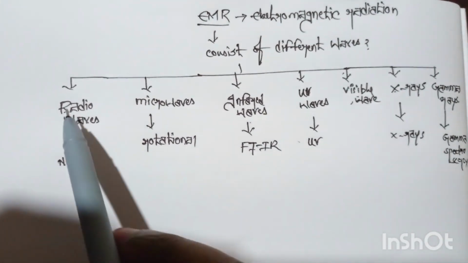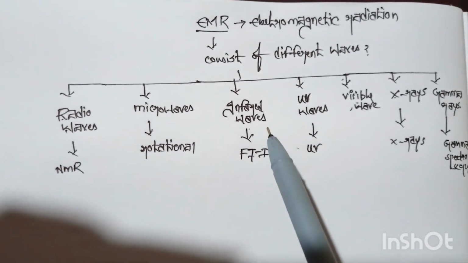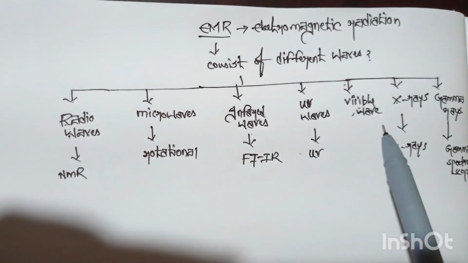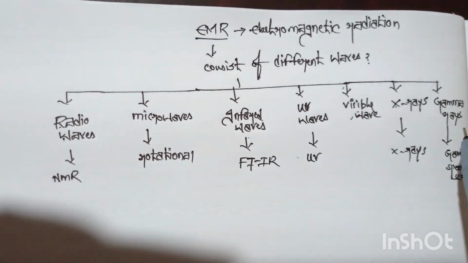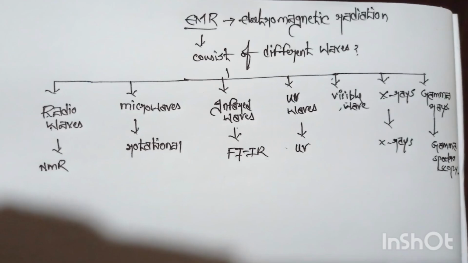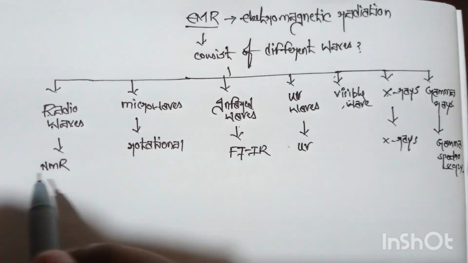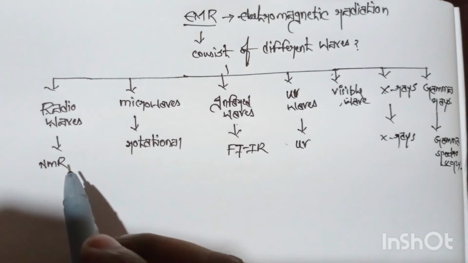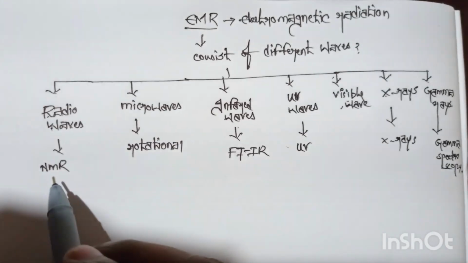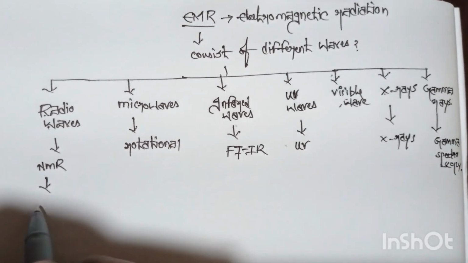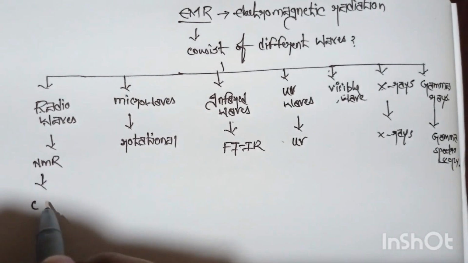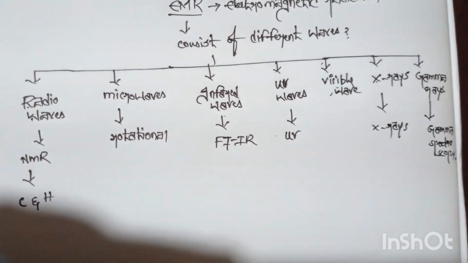So each and every wave has a definite role in its spectroscopy. What is the function of NMR? NMR is used to estimate carbon content as well as proton content.